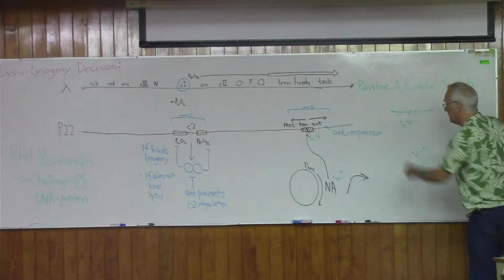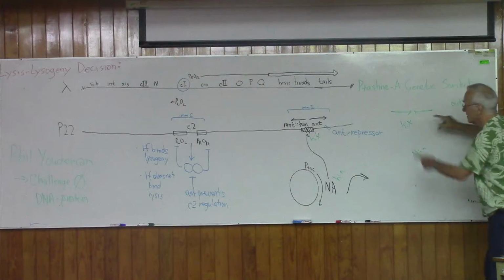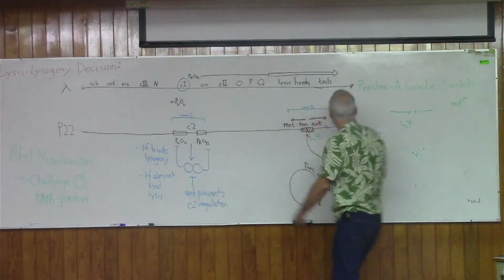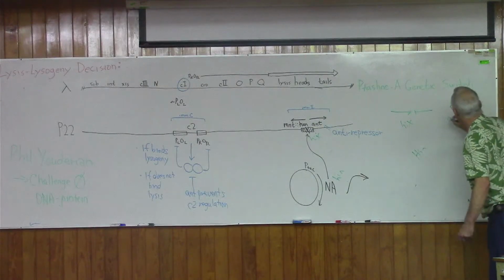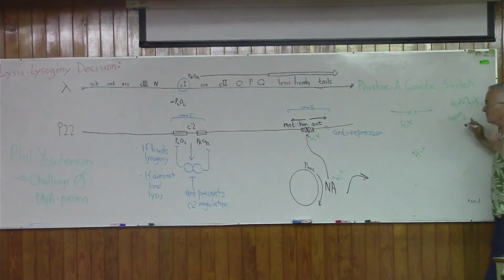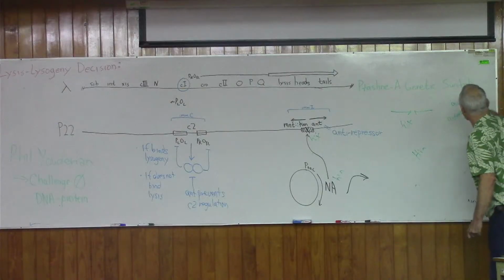And so, like Stan said, if Hin is on, you're lytic. But if Hin is off, you're a lysogen, which means you can become kanamycin resistant.